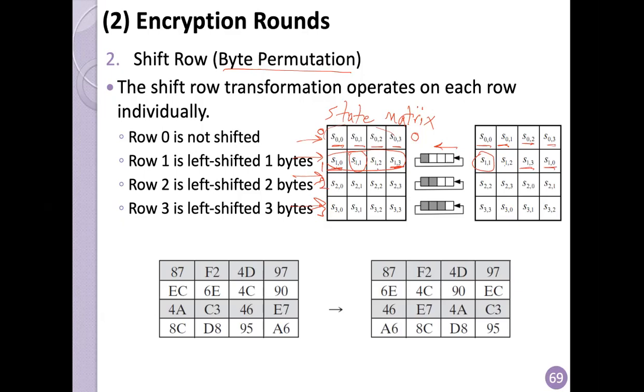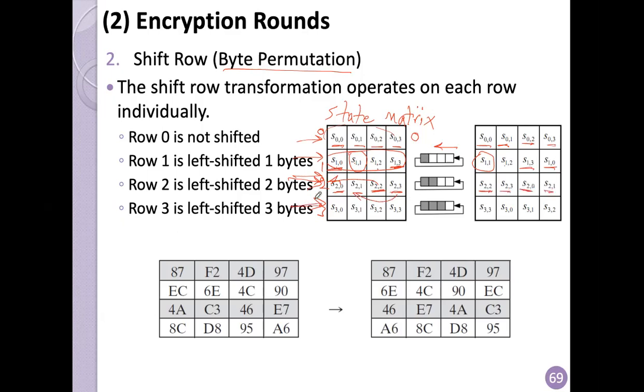In row number 2, we do the left shift again, but this time we shift 2 bytes. So S2,2 should appear here because we are supposed to shift 2. S2,3 should appear here, so you see S2,2, 2,3, 2,0, and 2,1.